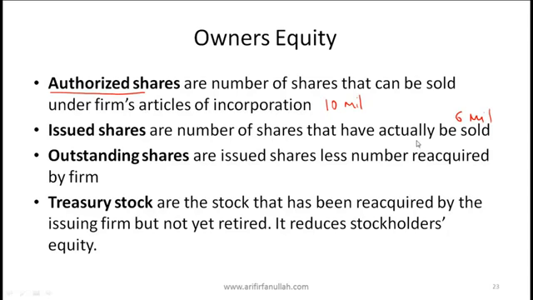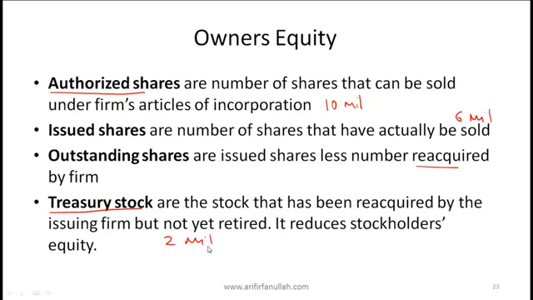Outstanding shares are issued less the number reacquired by the firm. So reacquired means when the company does something called a treasury stock operation, the company is buying back or reacquiring some shares. So let's say that the company has done a treasury stock operation for 2 million shares.